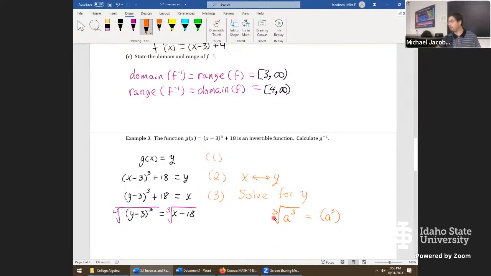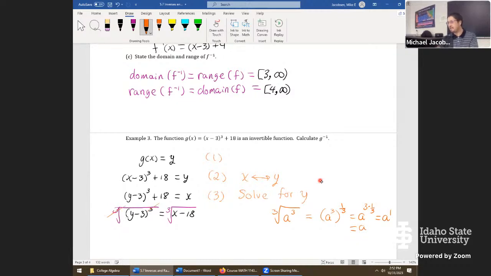It's a power of 1/3. So power 1/3 would go right here. But now exponent laws take over. If you have an inner power of 3, and the whole thing is raised to an outer power of 1/3, exponents would multiply. This would become a to the 3 times 1/3, resulting in a power 1 or just a.